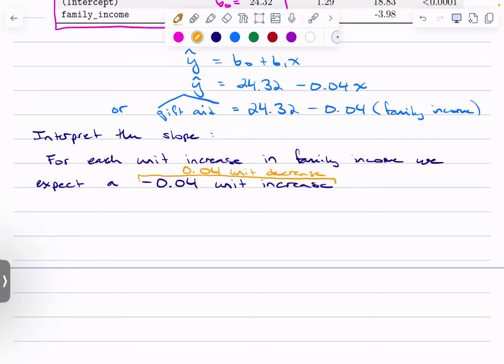But you have to be really careful that you drop that negative, otherwise it's wrong. So we expect a negative 0.04 unit increase in the predicted gift aid. With time, you can take those training wheels off, but you don't need to.